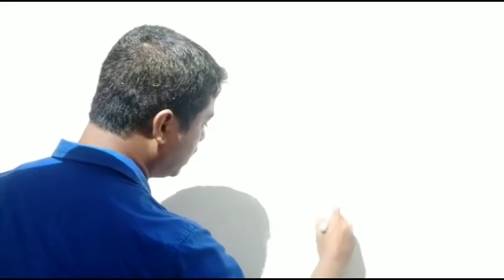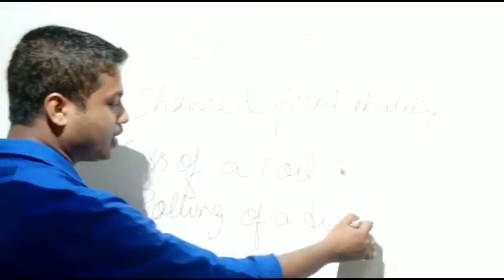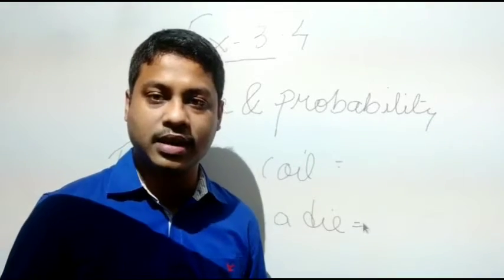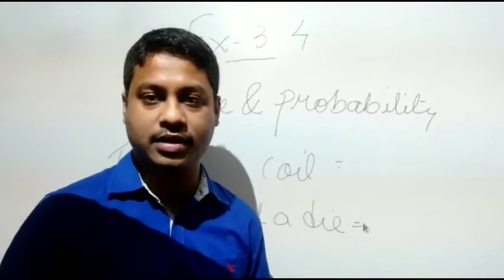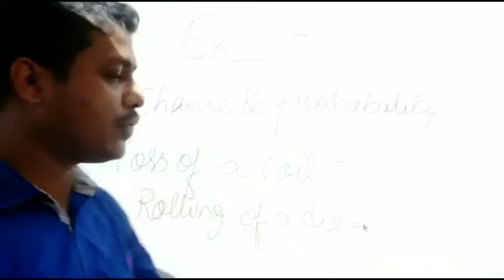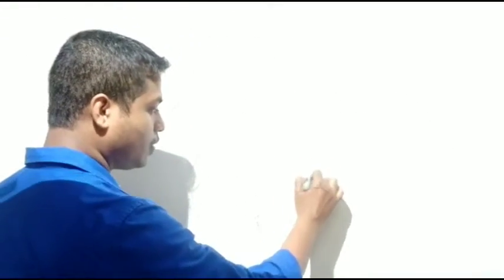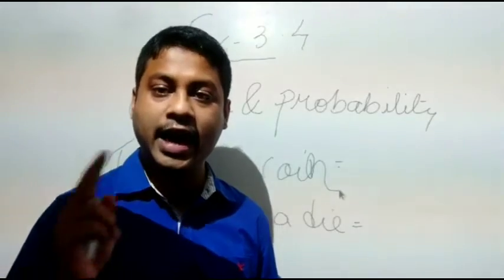Die means what we use to play Ludo. That is your die, and that die consists of a total of 6 numbers: 1, 2, 3, 4, 5 and 6. And the toss of a coin consists of only head and tail.